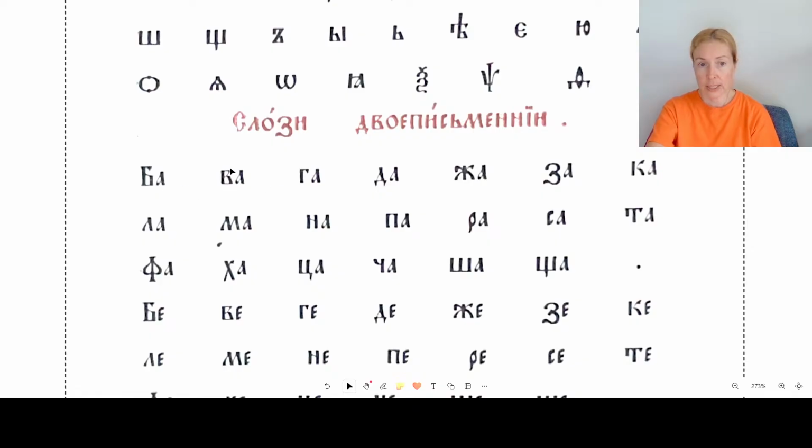Then the second, what is this letter? This is vedi. So vedi plus az, which is v plus a, will be va. Okay? Va. So the next.